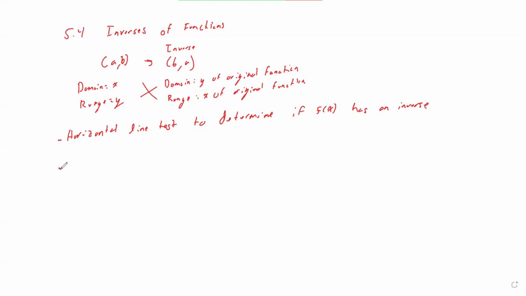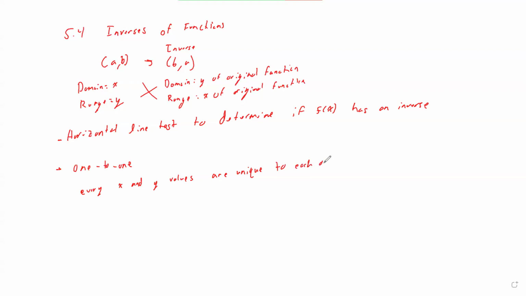The next big tidbit is one-to-one. So we know that every x value has to have a unique y value, but to be one-to-one, every y value will also have a unique x value. So every x and y value are unique to each other.